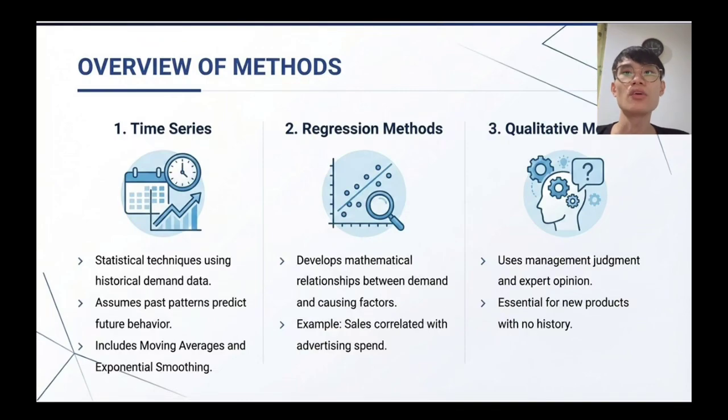Second, regression methods. Regression-based forecasting focuses on understanding and quantifying the relationship between demand and the factors that influence it. By developing mathematical models, we can identify how variables such as price, advertising, expectations, or economic indicators affect demand levels.